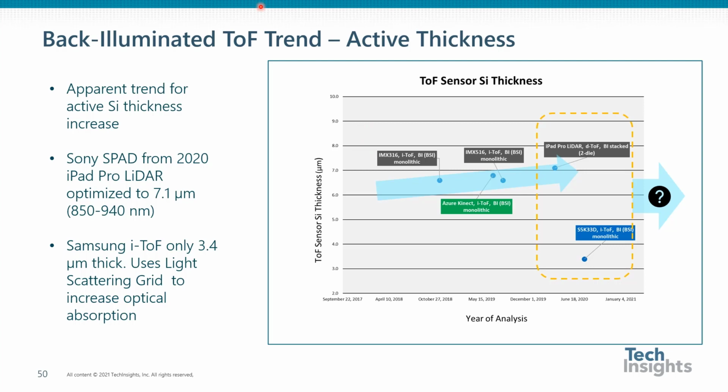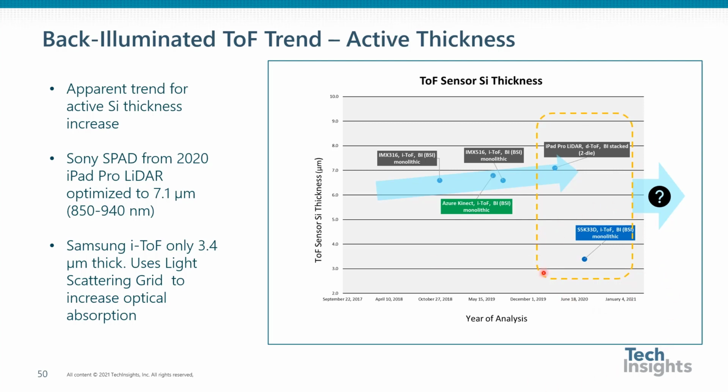For time-of-flight, Sony does not use any specific features to enhance near-infrared absorption, the wavelengths used in time-of-flight, and so there is reliance on thicker silicon layers for improving the quantum efficiency.